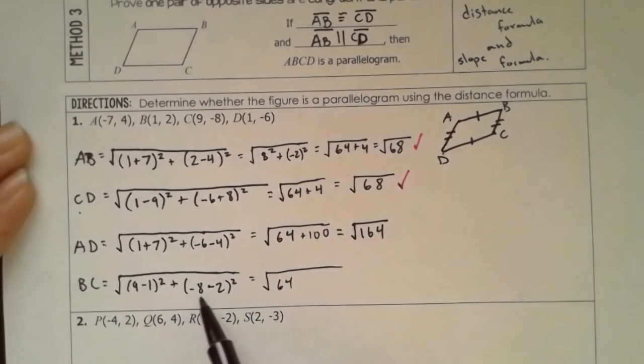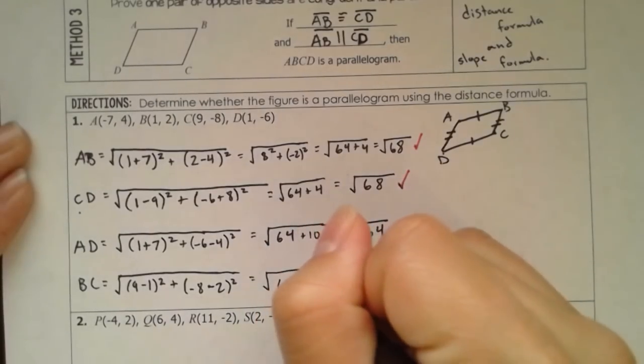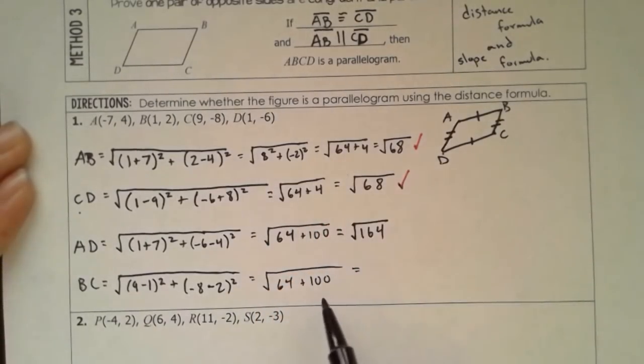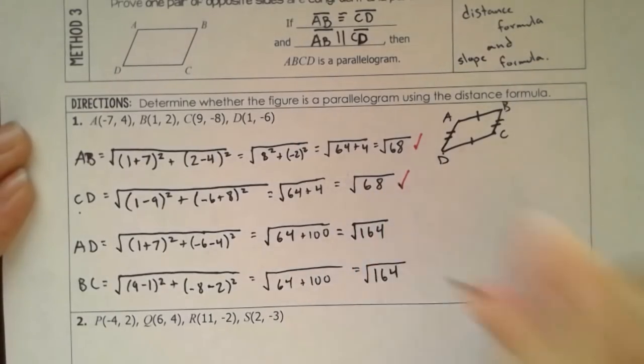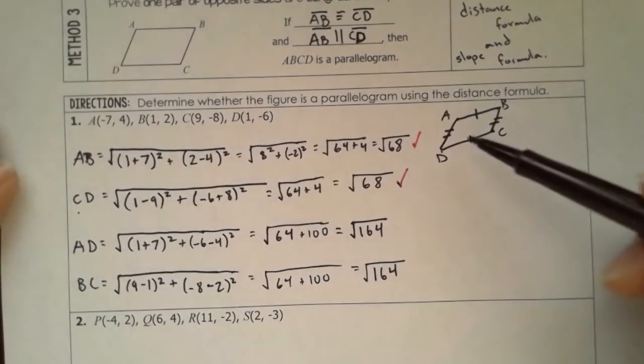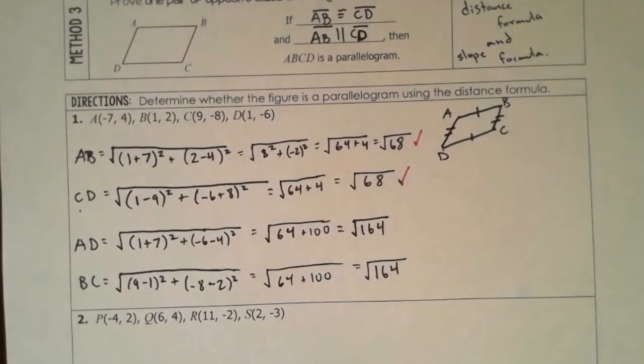Negative 8 minus 2 is negative 10. Negative 10 squared is positive 100. And then 100 plus 64 is square root of 164. So then we showed now that AD is congruent to BC.